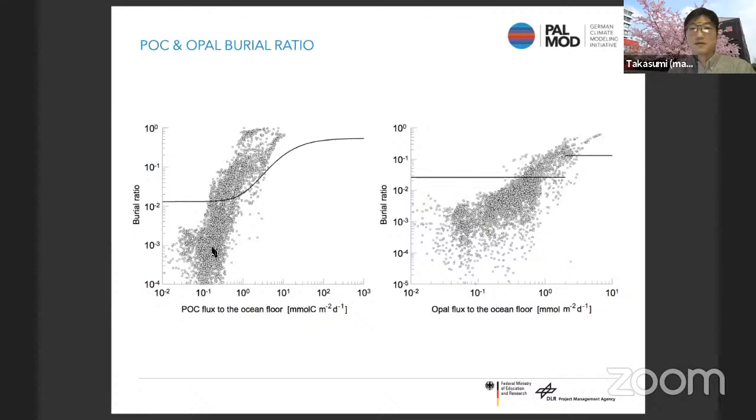On the other hand, the ratio given by the original simple parameterization of CESM is like these solid lines here. So if organic carbon or opal occupies the most part of the solid component in a region, in such a region the differences in burial ratio will lead to big differences in terms of the weight fraction.